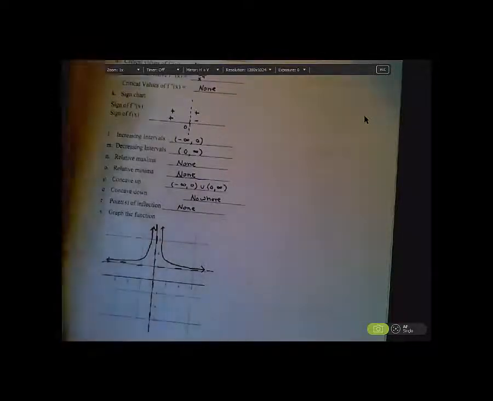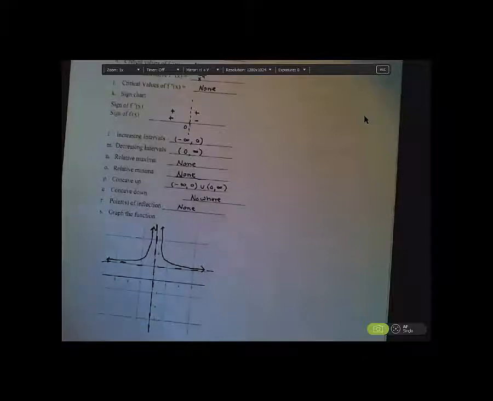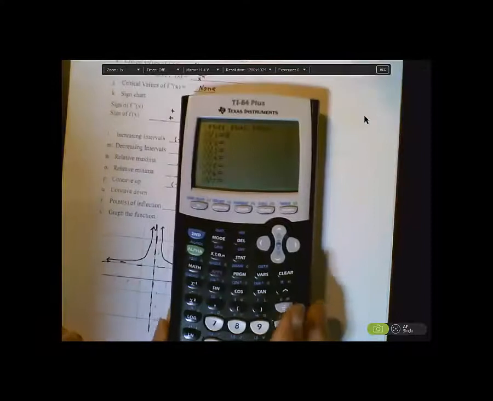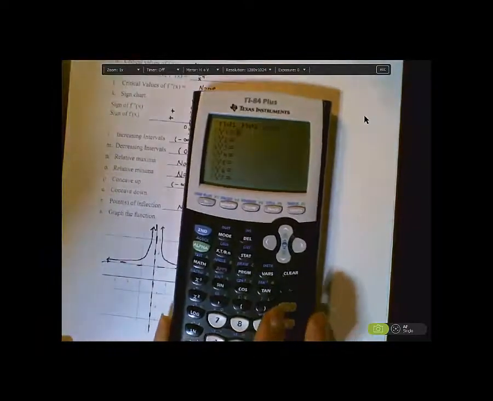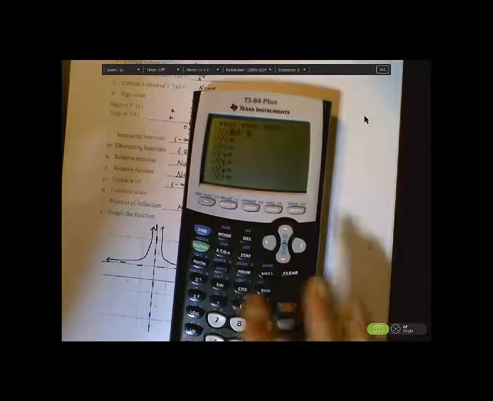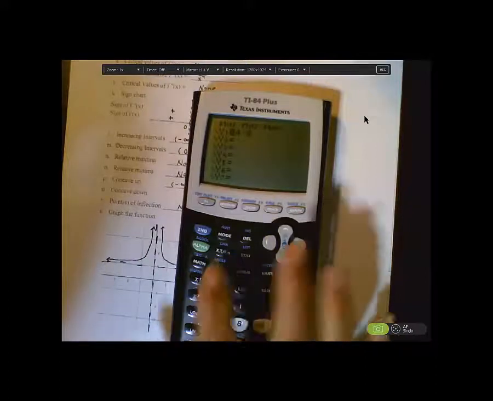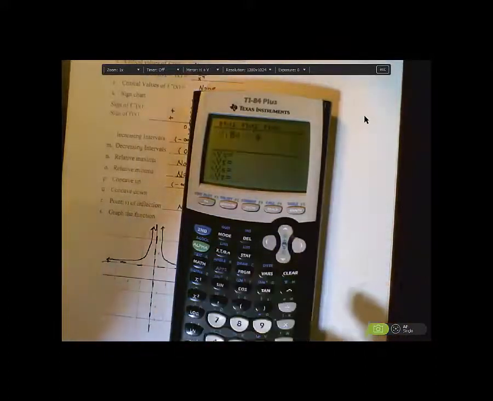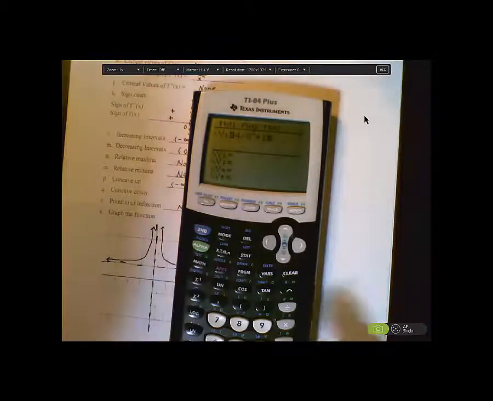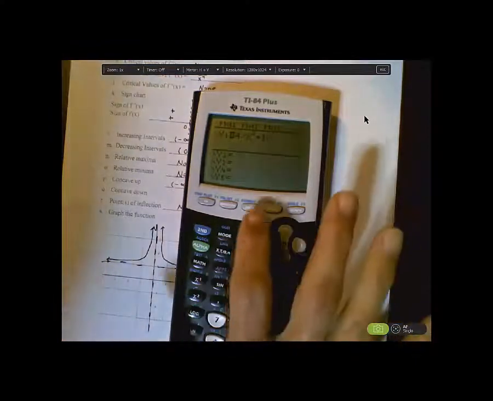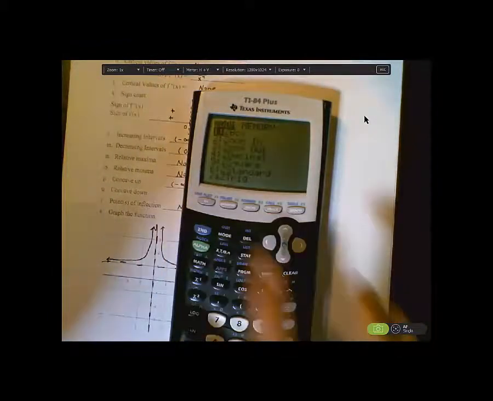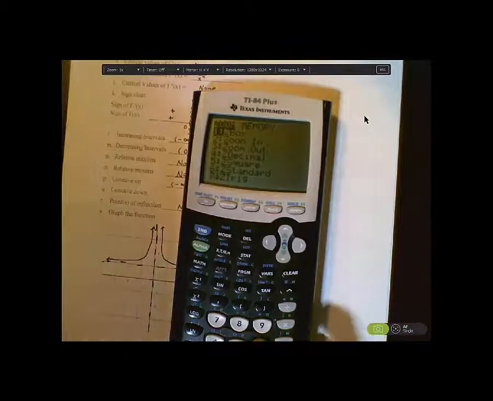Let's just double check it really quickly. On the calculator, if I entered 4 over x squared plus 1 and just set my window to standard, I can say zoom and number 6 is zoom standard. That sets my window back to negative 10 to 10.